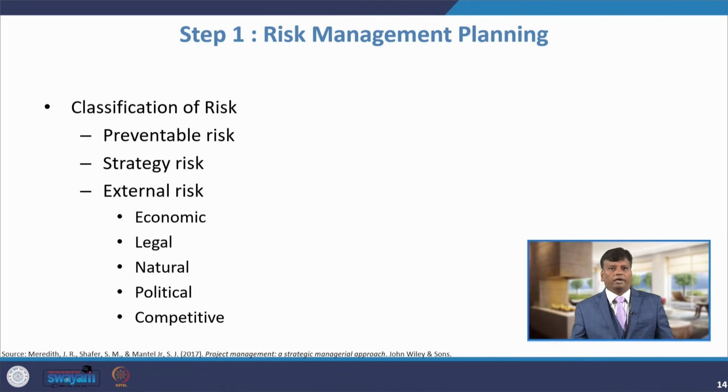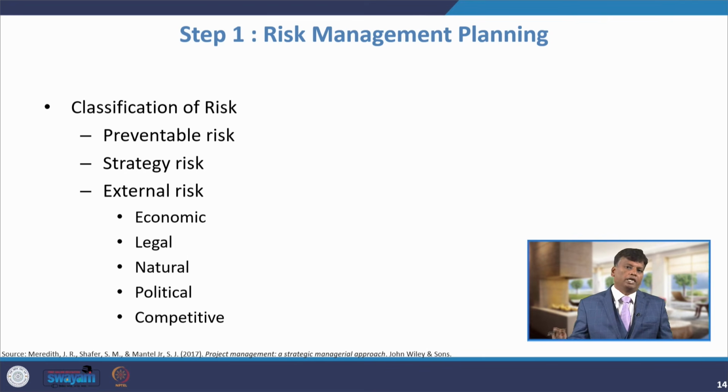We can classify risk. Some risks are classified as preventable risk, which can be easily identified and eliminated. Risks that happen inside the organization are preventable risks, where you have control to mitigate the risk. The second category of risk is strategy risk. Suppose you are getting into a new venture, launching a new product.